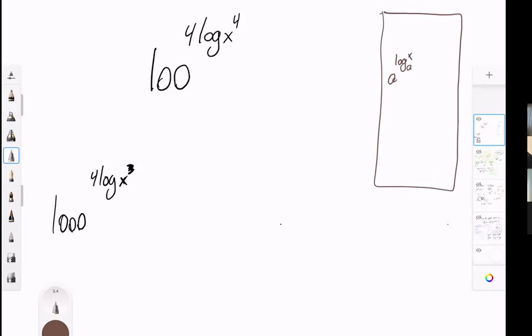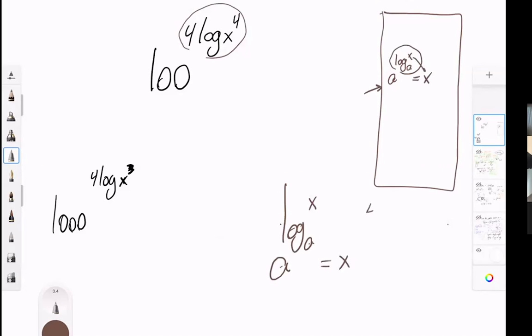Only one has log on the top, correct? Yeah. So let's see if we can apply that formula. If you have a number to the power of log of x in the same base, these two cancel and the answer is x. Example: 5 to the power of log of 2 base 5. If these two are the same, the answer is 2.